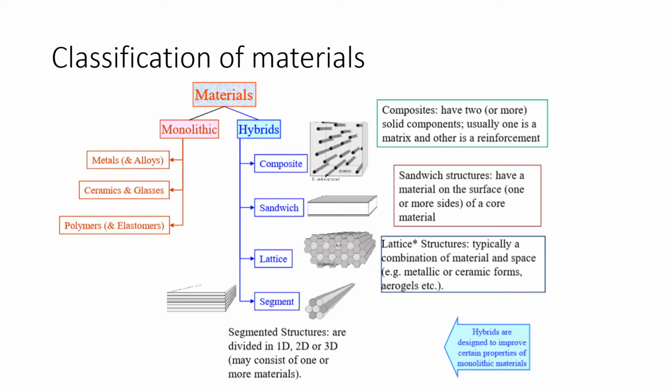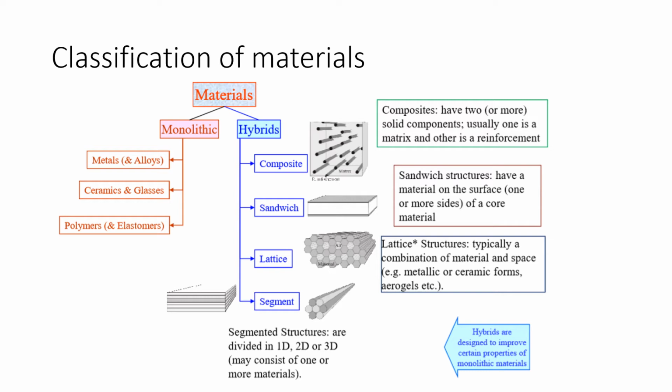Phase transformation is very important, so we want to focus on some specific topics, but before this we want to classify some materials for the phase transformation. The classification of materials is divided into two main types: monolithic and hybrid.